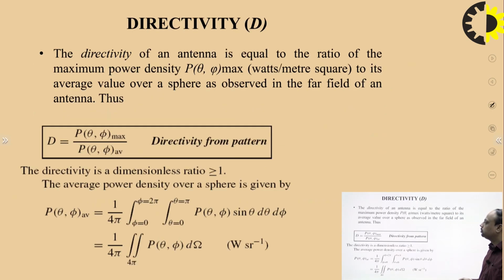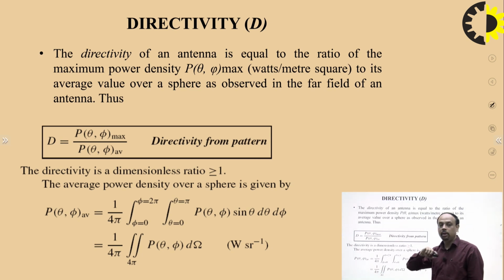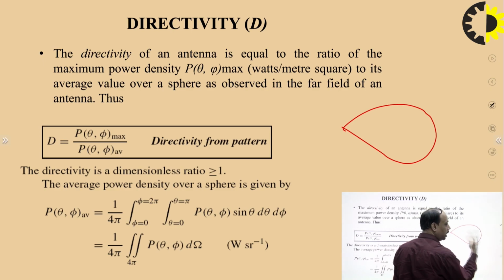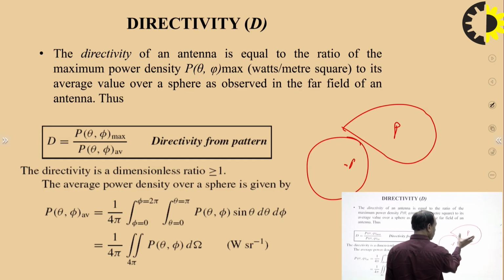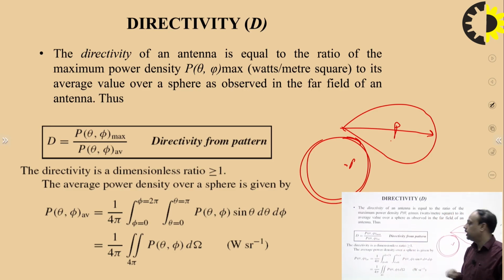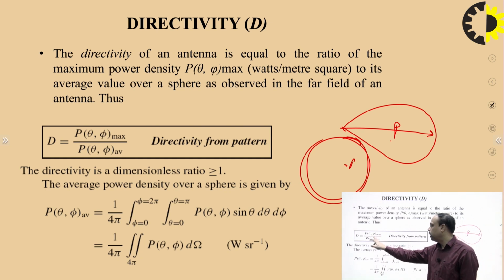So the directivity is represented by the maximum power in a particular direction over the average power. If we have a directional antenna with a radiation pattern like this in a particular direction, and the same amount of power P is radiated by an isotropic radiator in all directions, so the power is the same, then the ratio of the radiation in a particular direction to that over the complete sphere is the directivity, P(theta, phi) max upon P average.